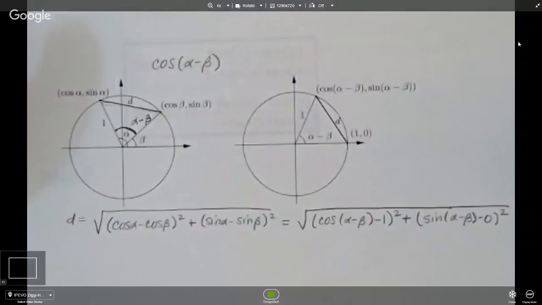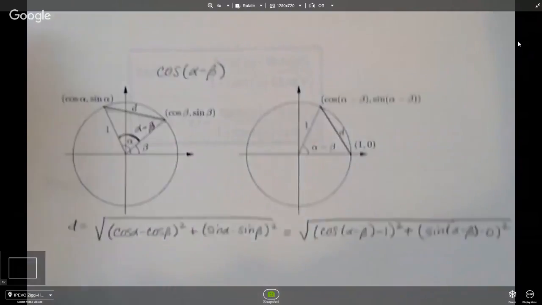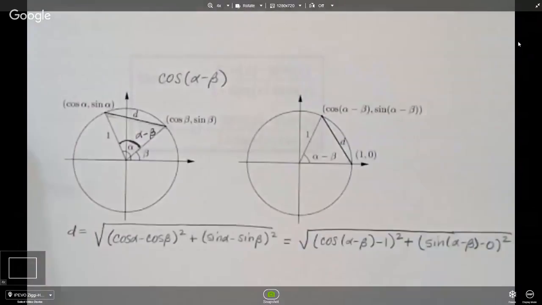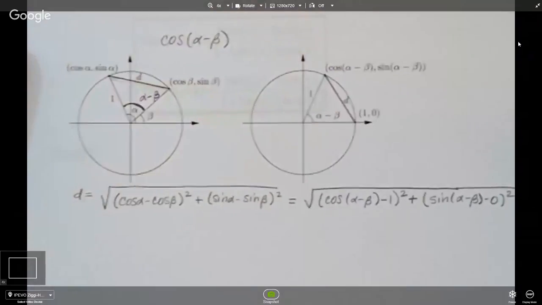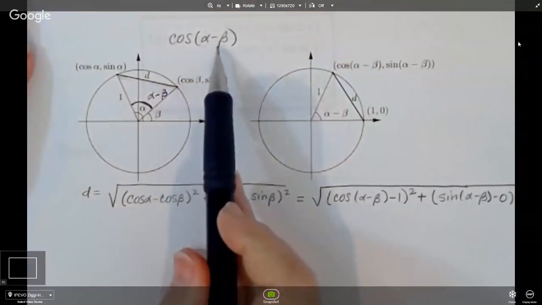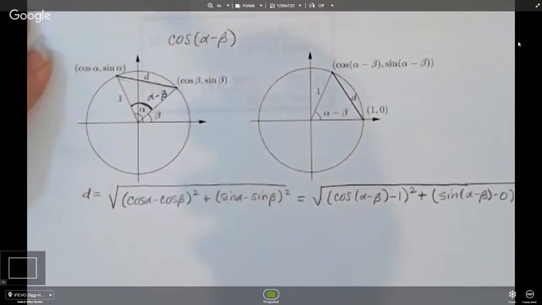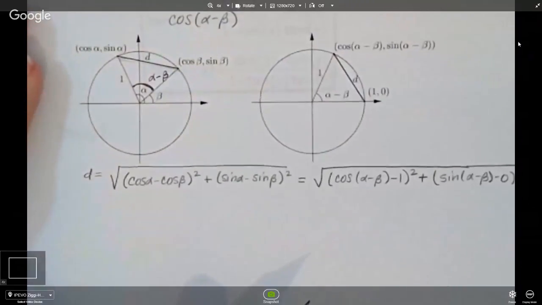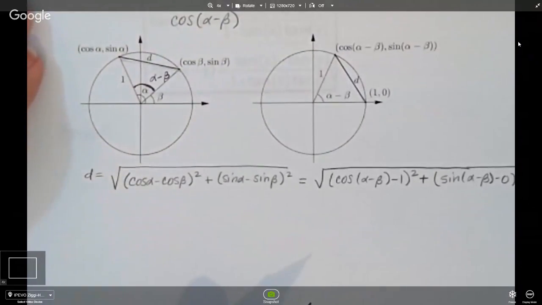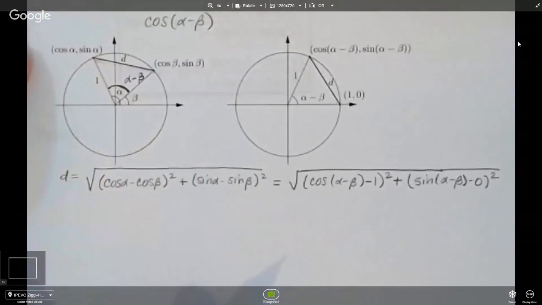I do that because I want you to understand very much that the cosine of alpha minus beta is not as simple as the cosine of alpha minus cosine beta. It's a little bit more complicated than that, maybe a lot more complicated. But I like to do this proof so that you can understand that it certainly is not that simple.